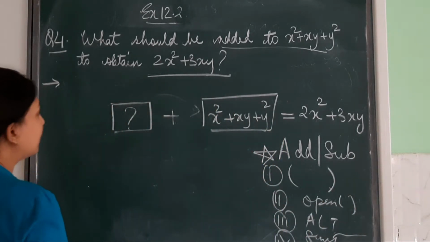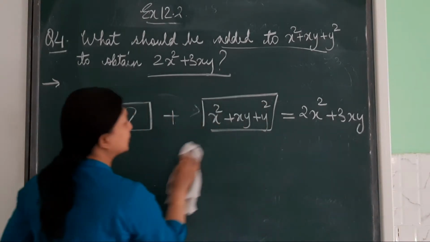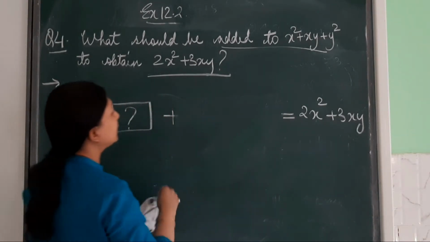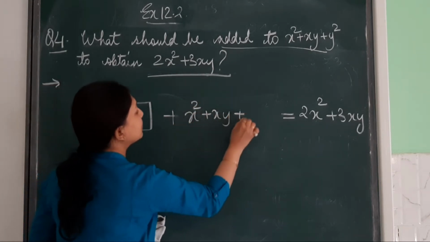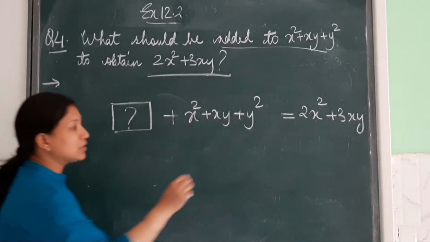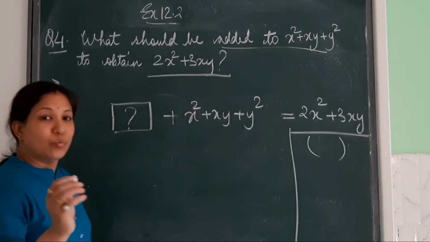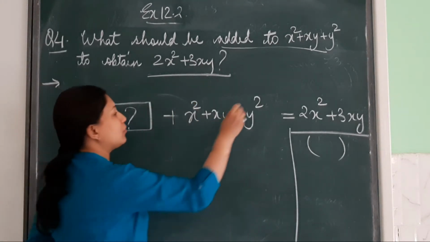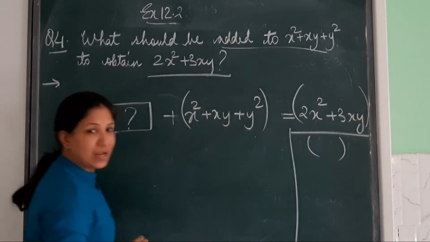So, let's begin. We got the equation. We have made this equation. Let me write it down again. What is this? x square plus xy plus y square. Step number 1: put bracket. So what will you do, children? Take out your pencils and put a bracket around this.